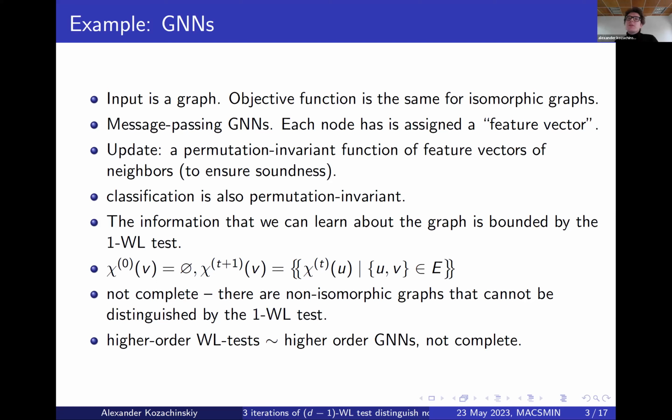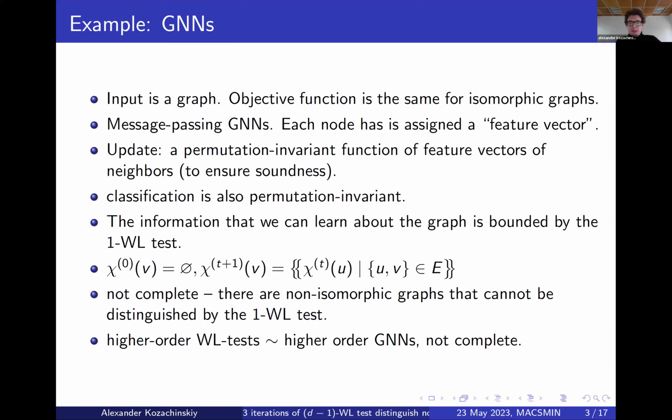It's reasonable to assume that in some problems, the objective function that we want to learn is the same for isomorphic graphs. People proposed learning architectures that work the same way for isomorphic graphs by default, and the classical one is message passing graph neural networks.